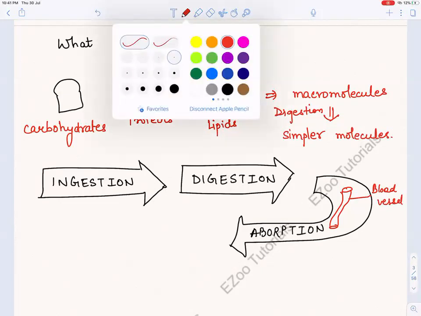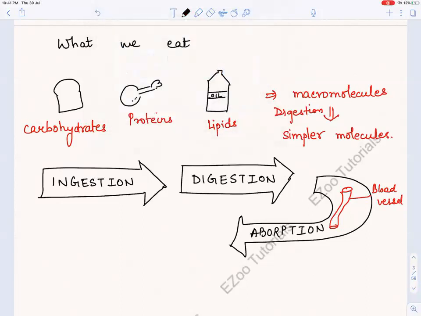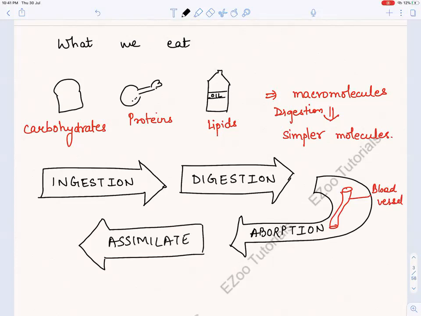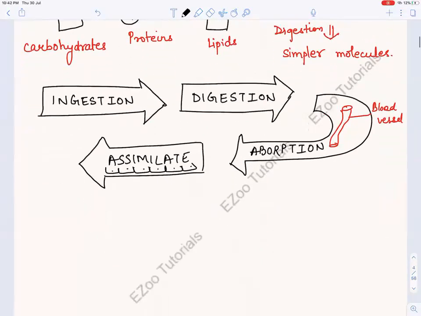Now, what will happen after it has been absorbed? We need to assimilate it. The tissues need it. So we need to assimilate it, in the tissues. So ingestion, digestion, absorption, assimilation. You can write assimilation.